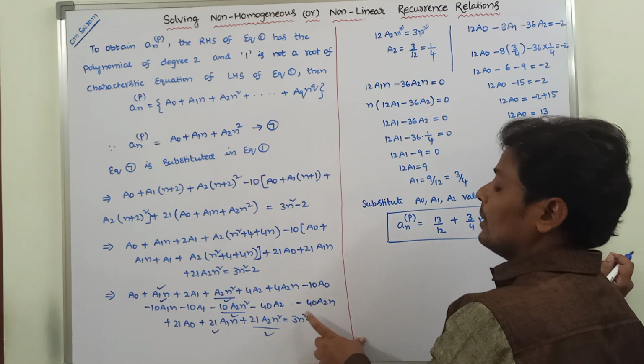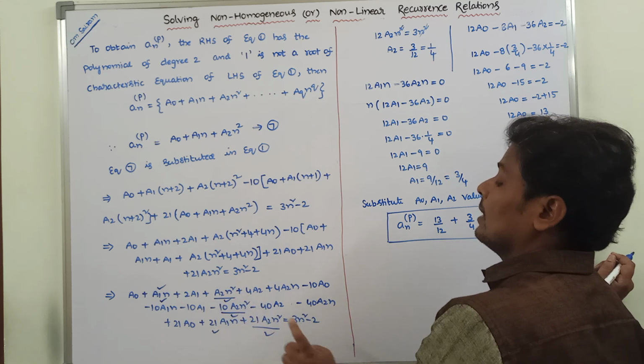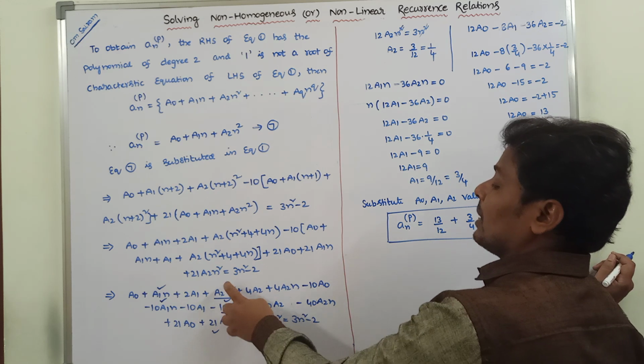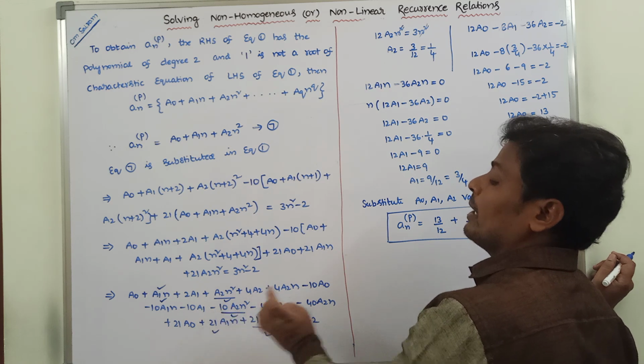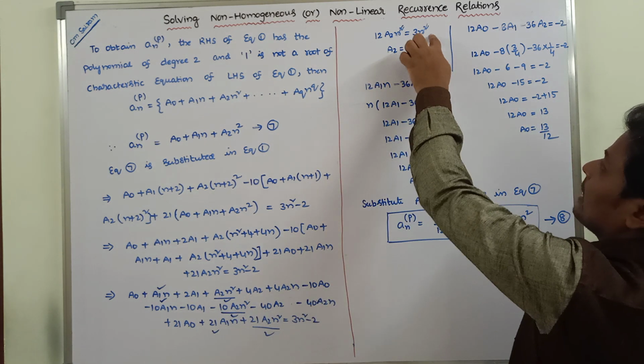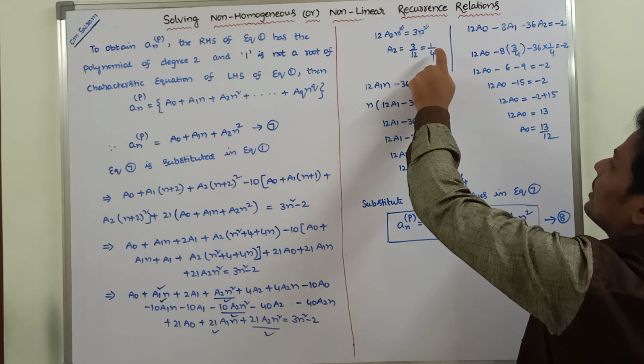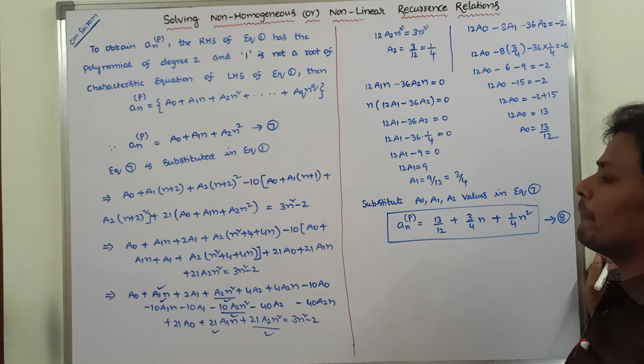On the right hand side only 3n square is there, equating only square terms. 12 a2 n square is equal to 3n square. n square cancels, a2 is equal to 3 by 12, that is 1 by 4.